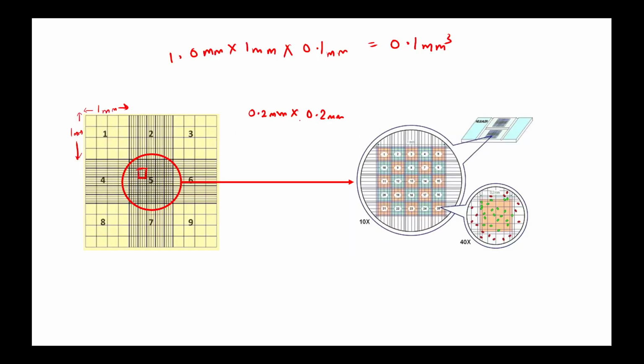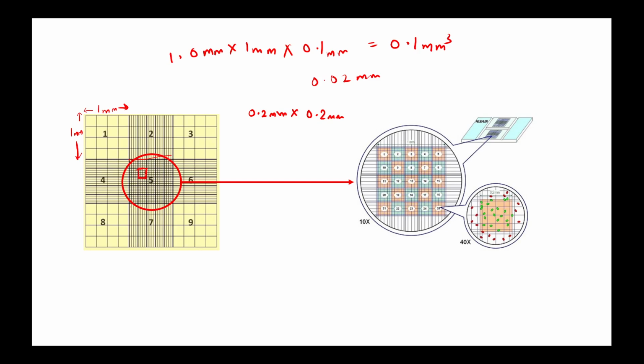Whereas in this case, for the Petrov-Hauser chamber, the height is 0.02 mm. So if you see this whole square, the fifth quadrant, the whole square would be 1 mm by 1 mm.